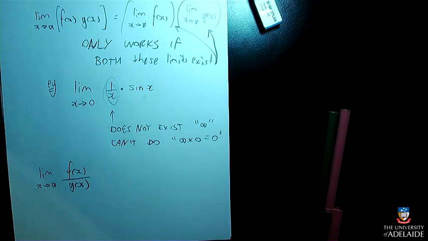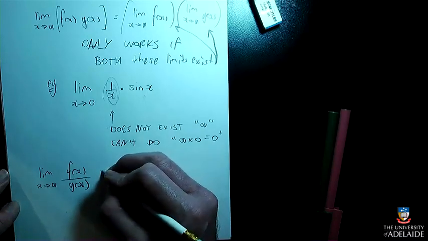But even better, if the limit of the top exists and the limit of the bottom is infinity, the answer is 0. And if the limits of the top and bottom both don't exist, it may or may not mean anything at all. And if the top and bottom are both 0, it may or may not mean anything at all.